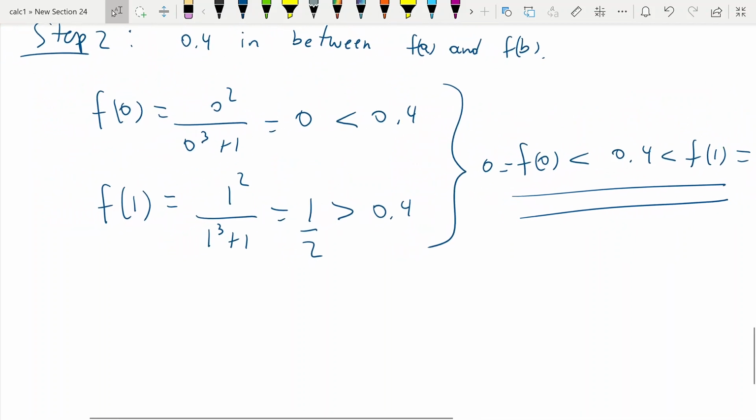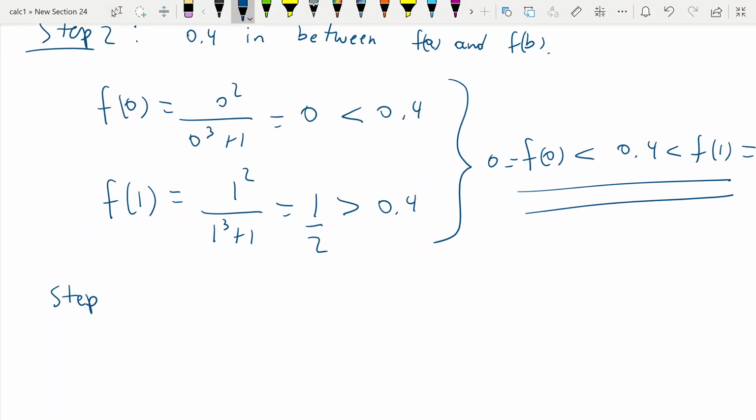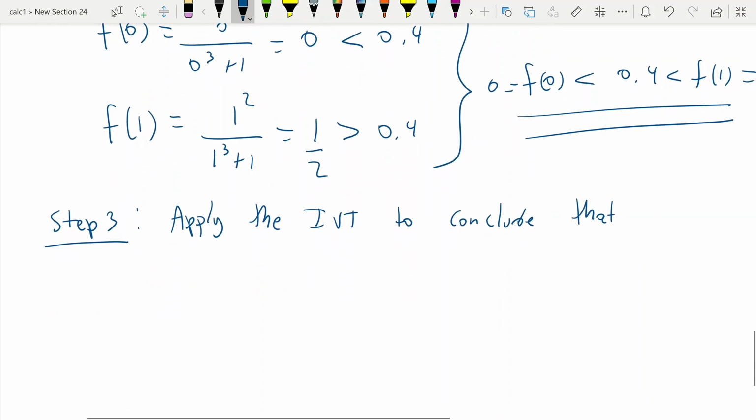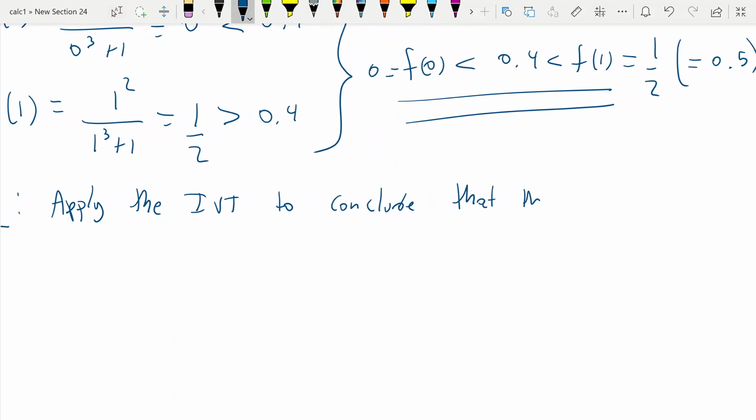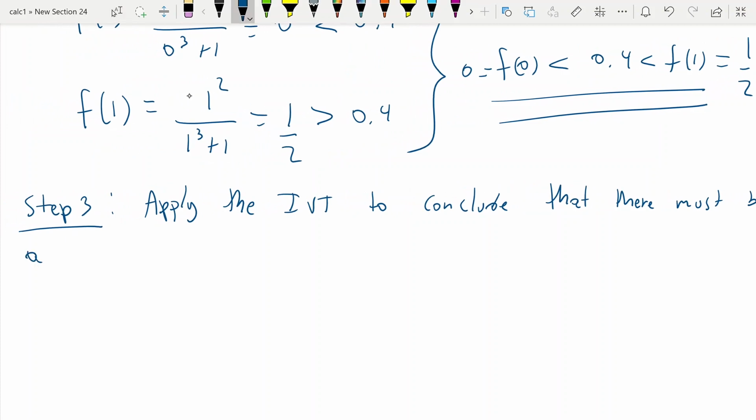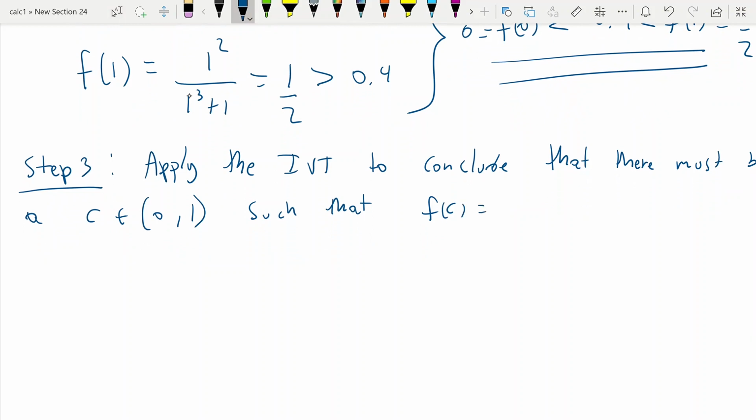Then we can apply the IVT to conclude that there must be a C, and in fact the C must be a number in between 0 and 1, such that f of C is equal to 0.4.